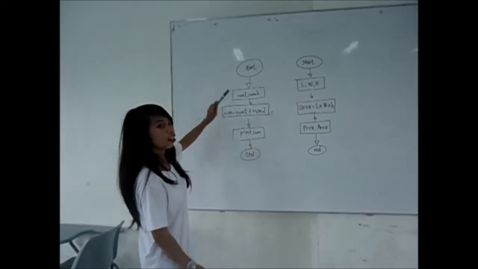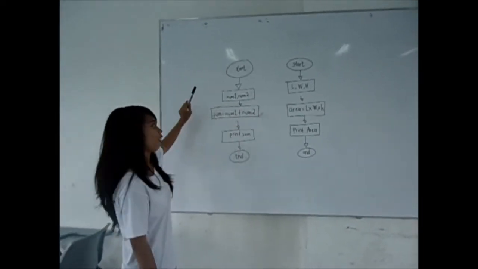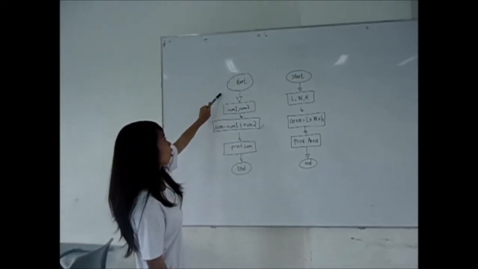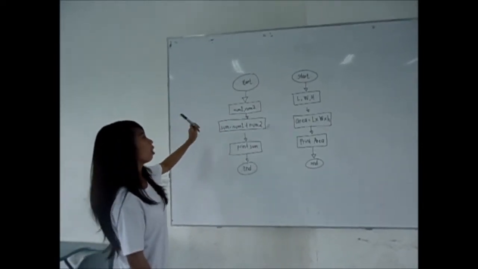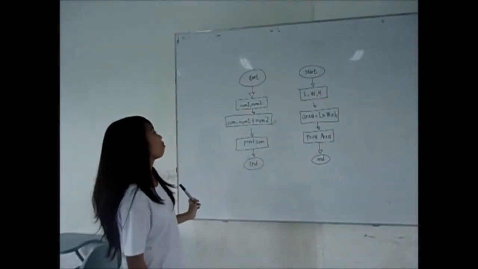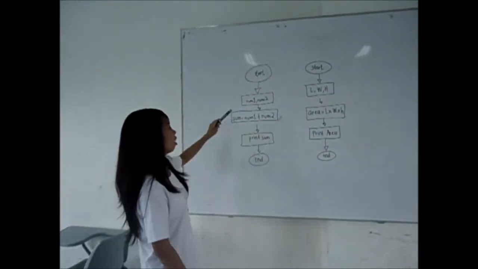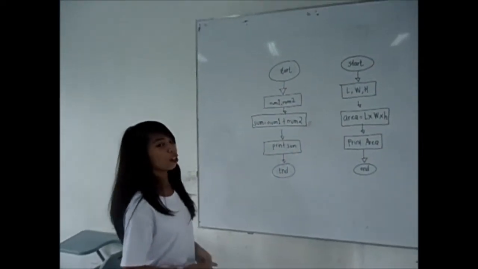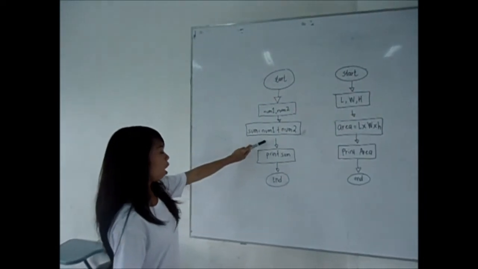As you may see, I have what we call the flow chart. From here, I input two variables, the num1 and the num2, and then I process it. Sum is equal to num1 plus num2.